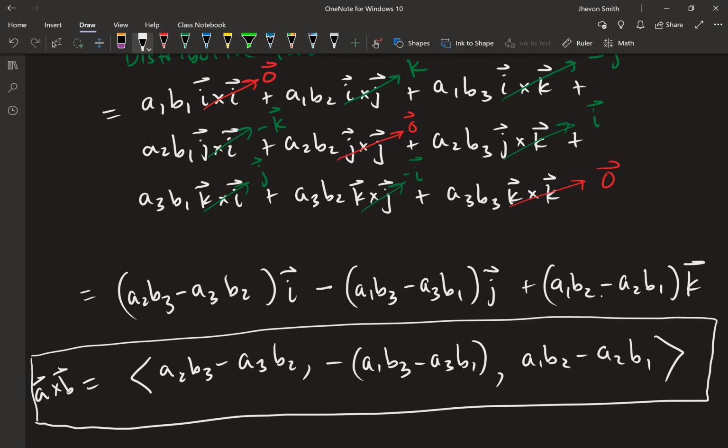Now, there's another way to derive this, to go back to the foreshadowing, by making the aesthetic choice. You could also do this by pretending that your cross product is a vector C1, comma, C2, comma, C3. And what you would do is you would dot product it with A, dot product it with B, and you would get a system of equations.